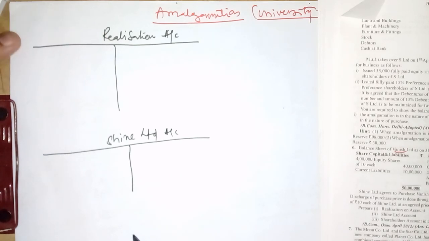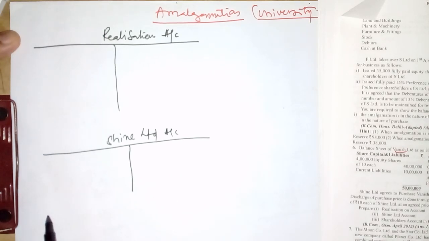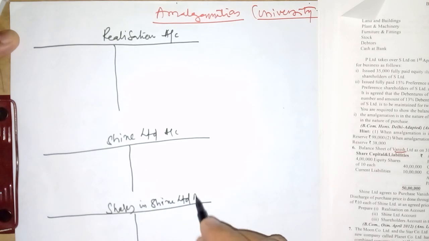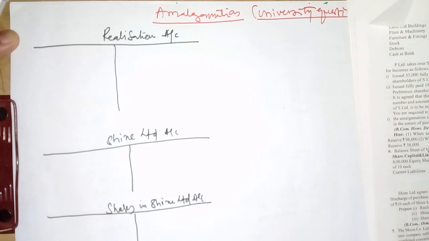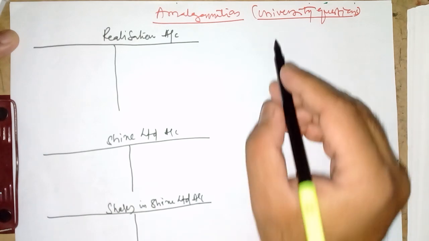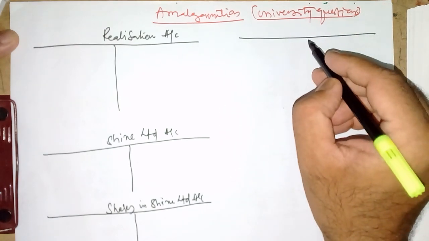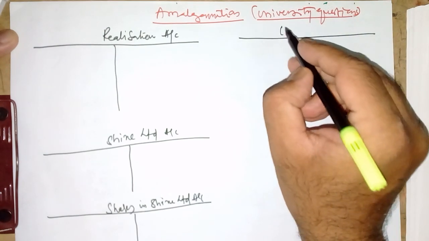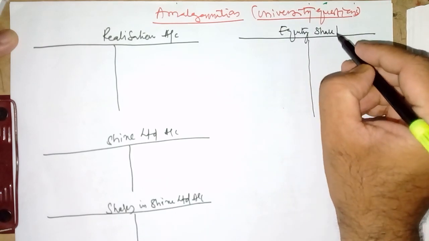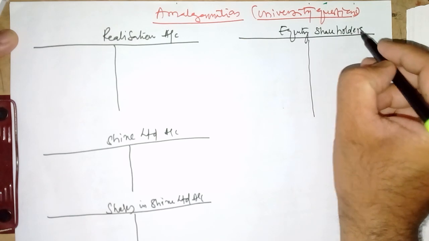Then one more account I will prepare in addition to this: shares in Shine Limited account. And the final account, lastly, is the shareholders account, that is equity shareholders account.